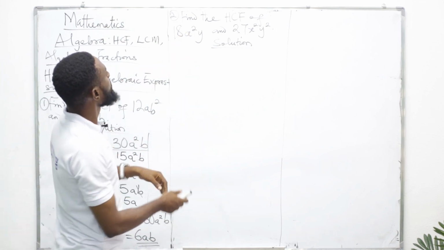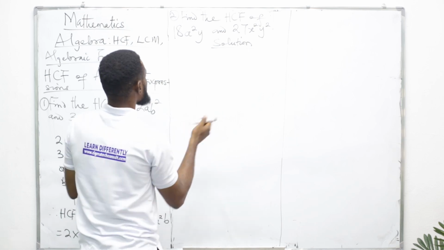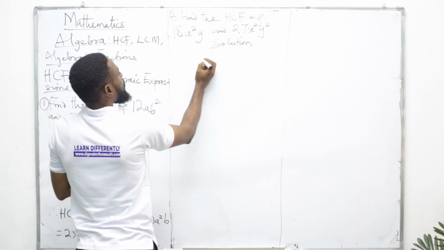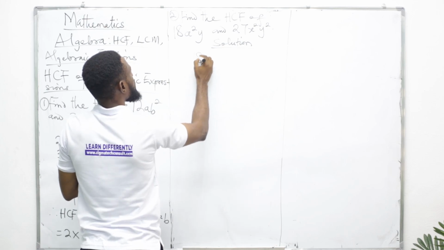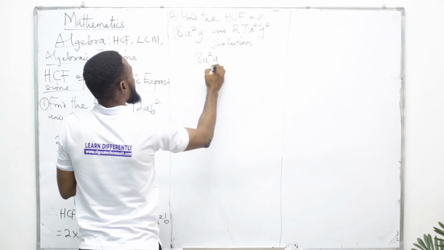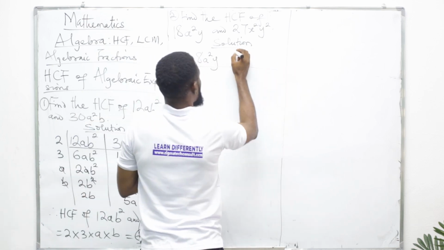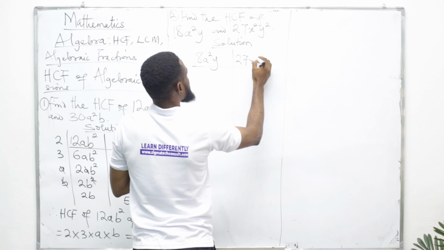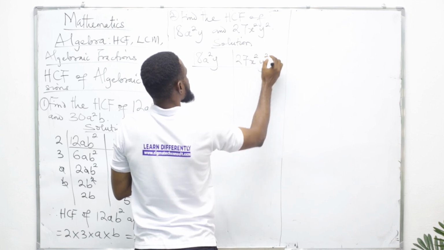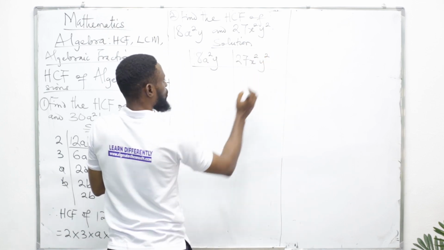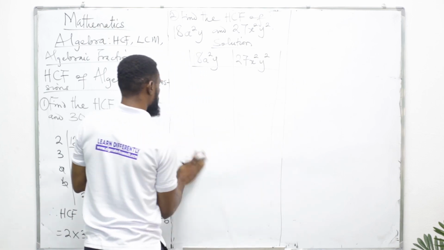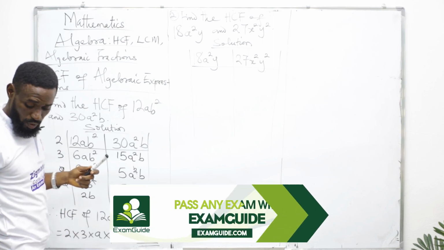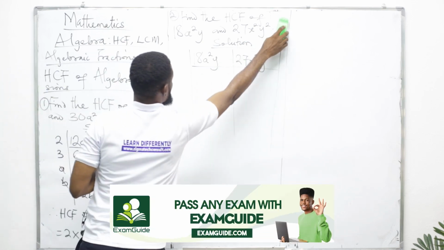This means we bring our 18a squared y and 27x squared y squared, and we look for the common factors. We look for the common factors that will give us what we are looking for.